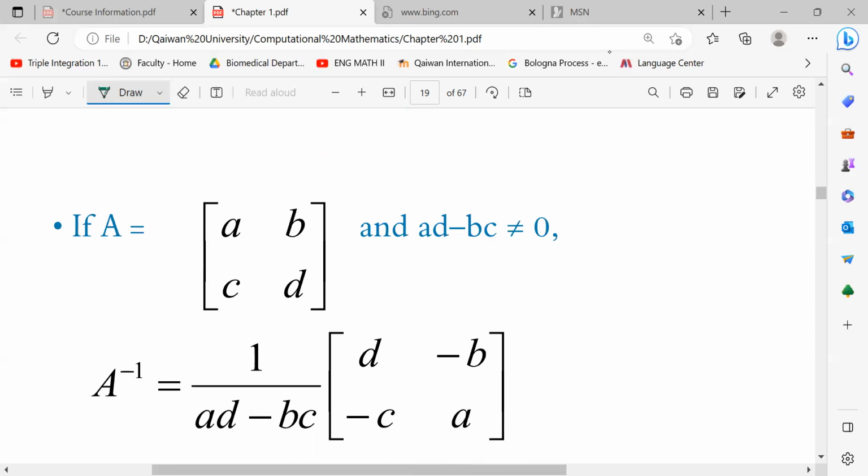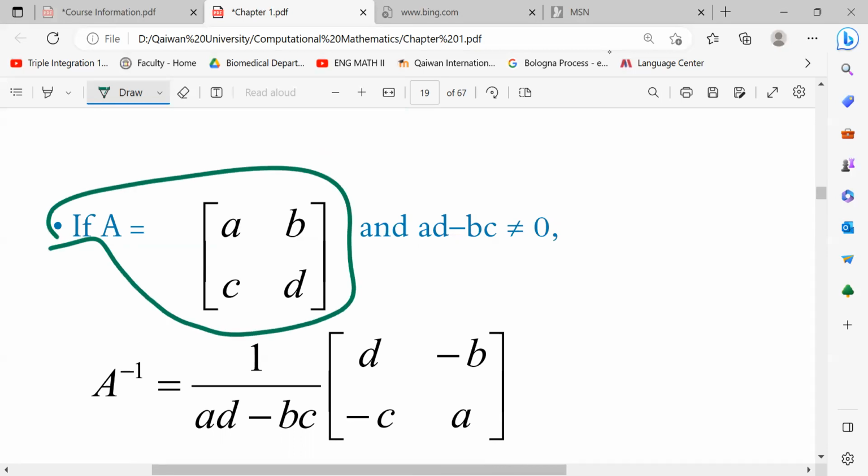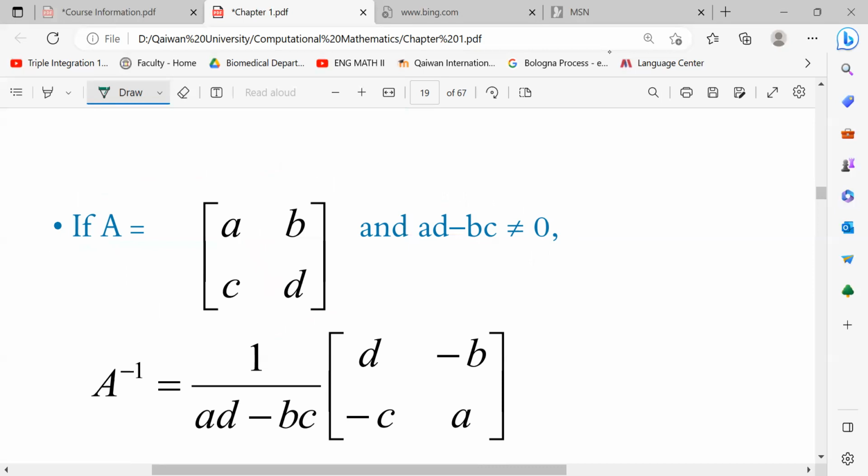If A is this matrix, the determinant of matrix A is the multiplication of these two minus the multiplication of these two. If the determinant doesn't equal 0, then we can find its inverse. If it equals 0, the inverse doesn't exist. So the inverse of a matrix exists if its determinant is not 0.